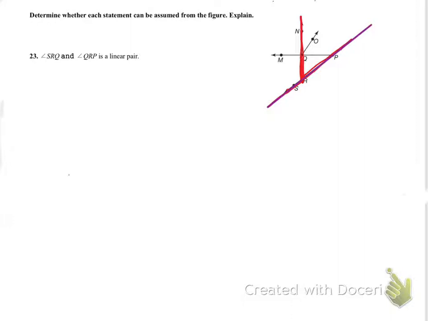That is a straight line. And then, do they have an adjacent side? Yes, they do. So you would just say yes. They form a linear pair because they have an adjacent side and they equal 180, or they are supplementary.